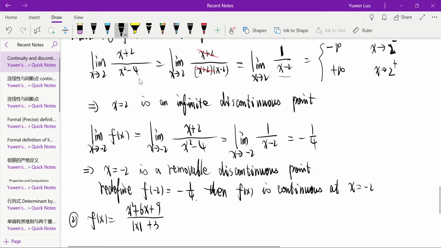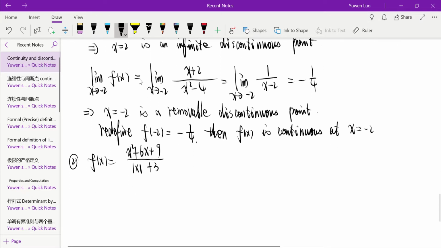There's an absolute value, so we get rid of the absolute value. That means it is (x plus 3) squared over (x plus 3), that is x plus 3, when x is greater than or equal to 0.